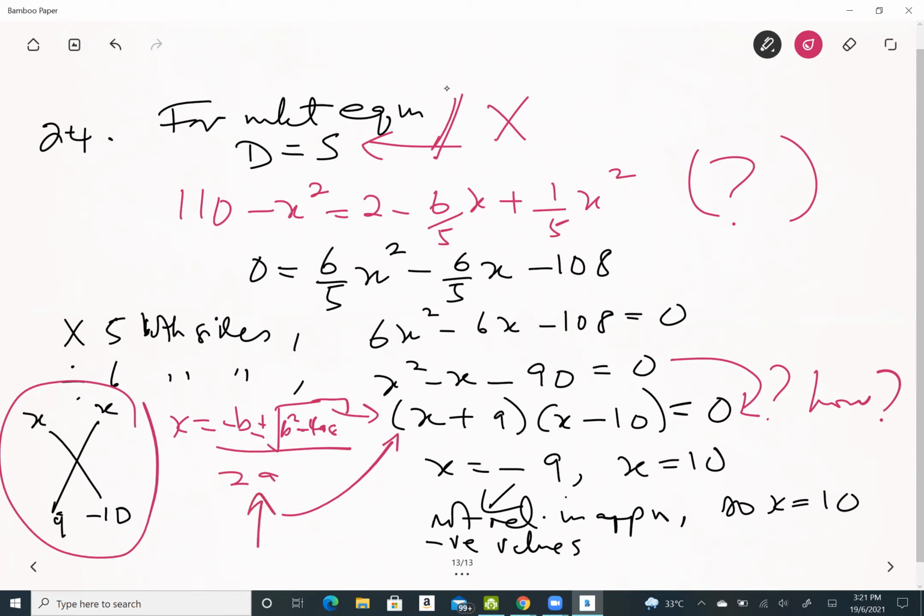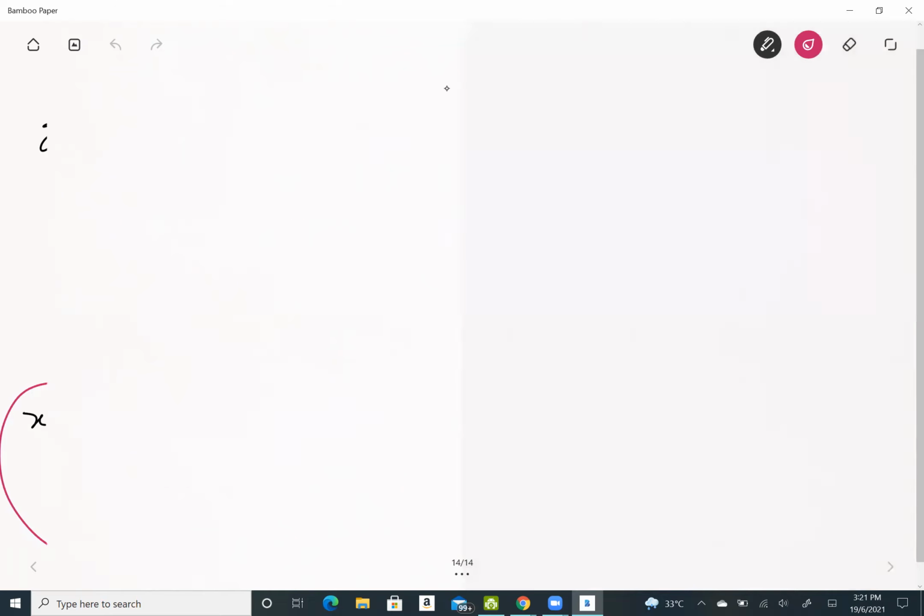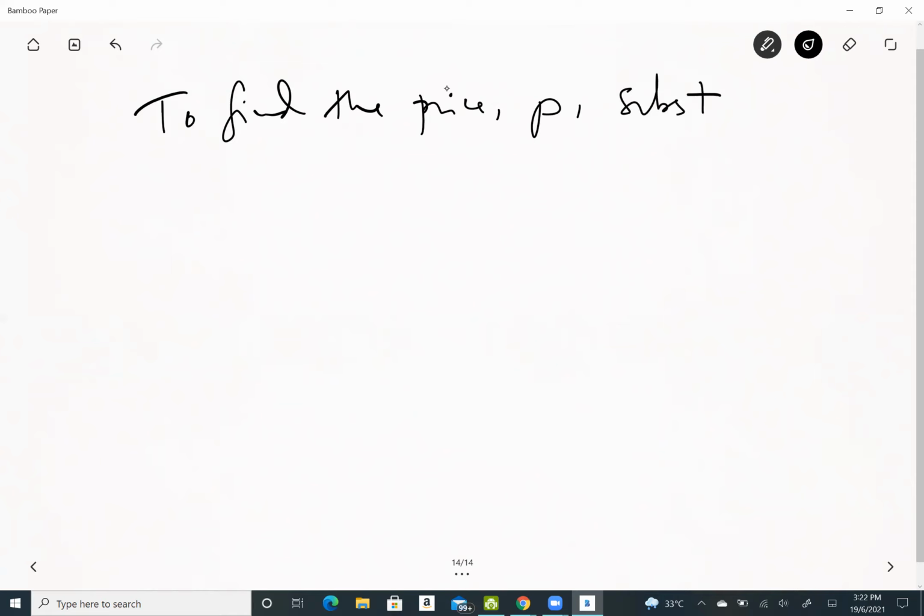So that x equal to 10, and then what you want to do next is I want to find the price. To find the price, P, we substitute x equal to 10 either into the demand or into the supply.